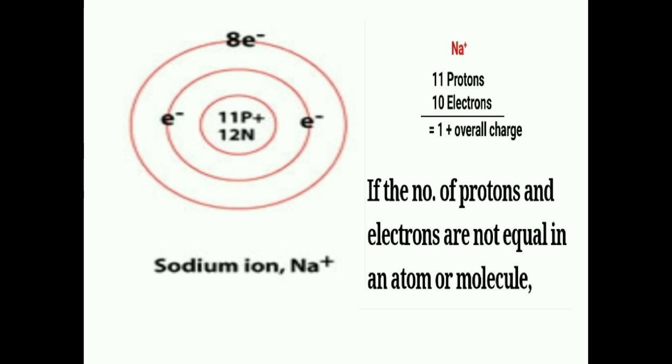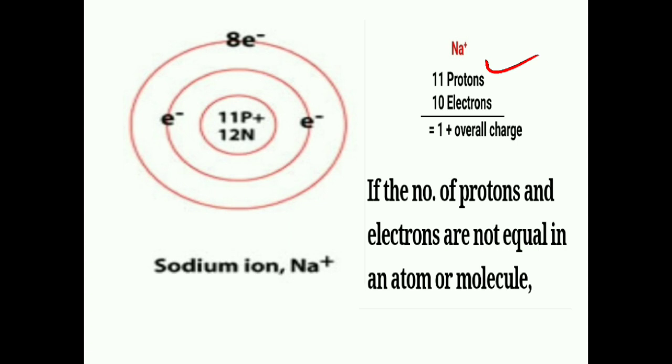If somehow the number of electrons and the number of protons is disturbed, it results in a charge on an atom or a molecule. For example, if we take sodium, it has 11 protons and 11 electrons.